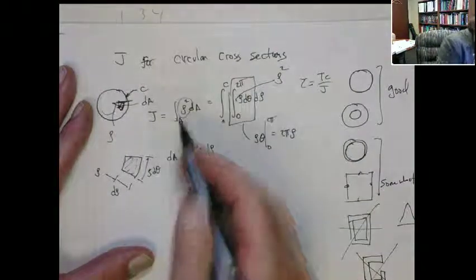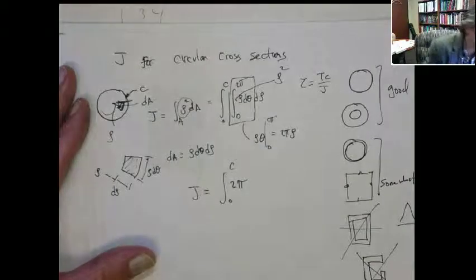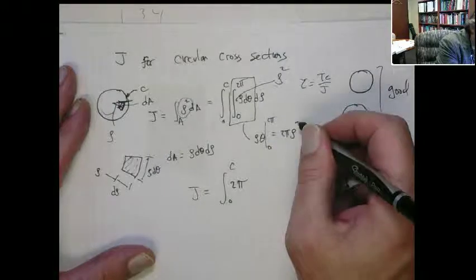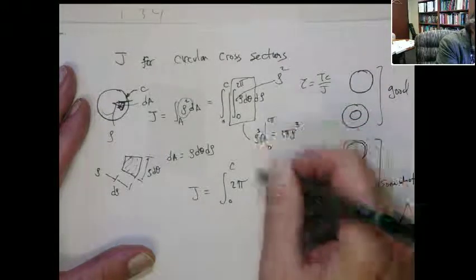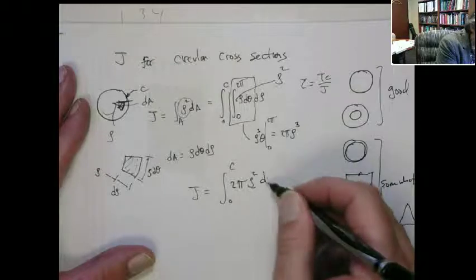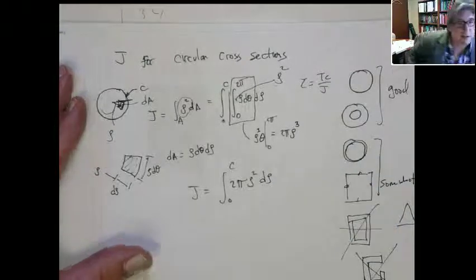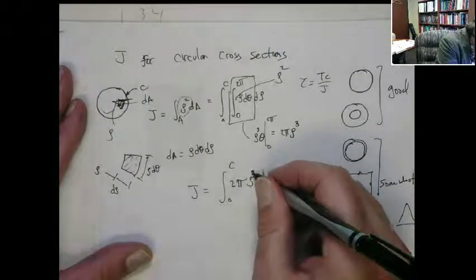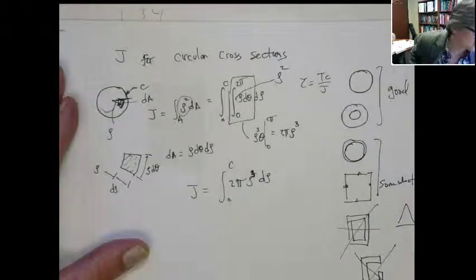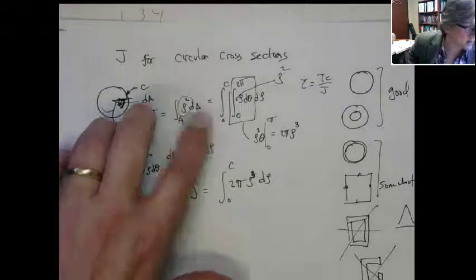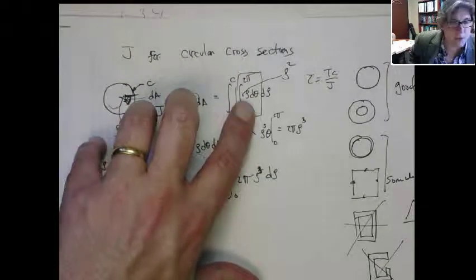So we actually have a rho cubed here: 2 pi rho cubed d rho. Sorry about that. Here's our rho squared, and when I put in the differential area, I put in another rho, rho d theta d rho.